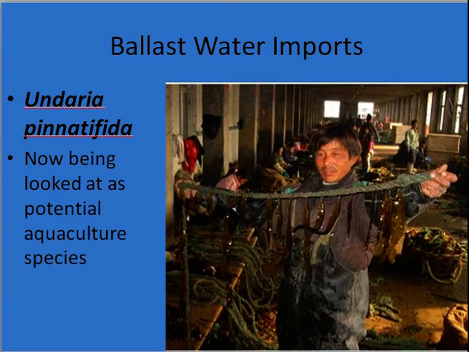If the Marinies would have learned a bit about this last year, it's what you eat if you eat wakame, the green seaweed salad, and so now it's actually being looked at as a potential aquaculture species because it's really considered to be non-eradicable at this point.